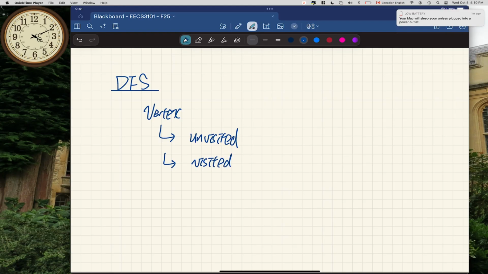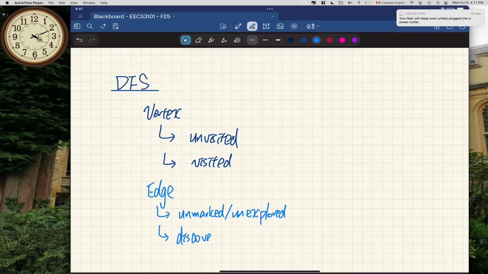But for each edge, you got 3 possible values. For each edge, initially it is unmarked, or you can say unexplored. And then as soon as it is marked or explored, there are two possible values. Either it's a discovery edge or it's a back edge.